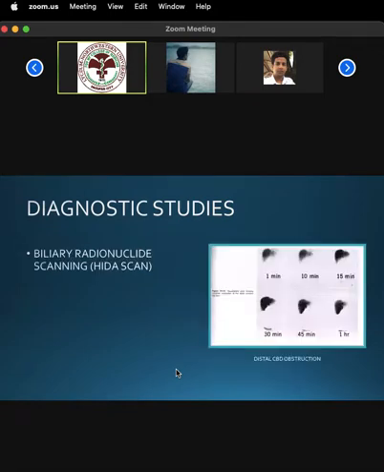We may also request for your biliary radionuclide scanning or your HIDA scan. It makes use of a 99m technetium labeled derivative of HIDA, which is injected intravenously, and this is usually excreted in the bile.